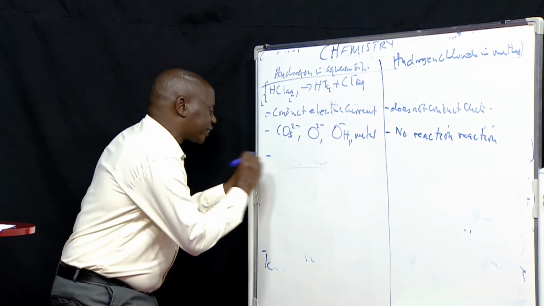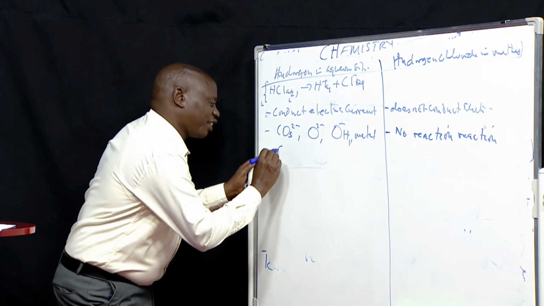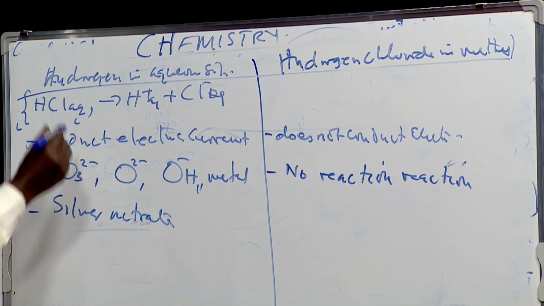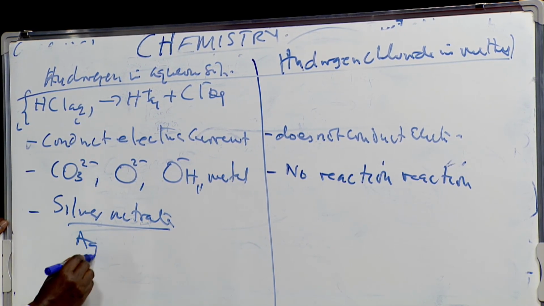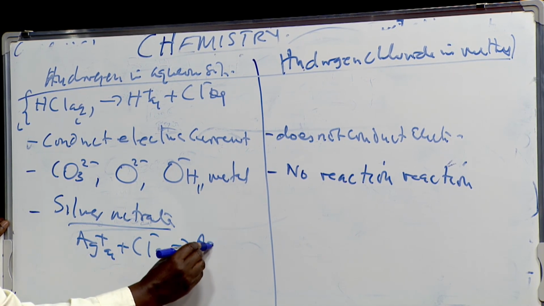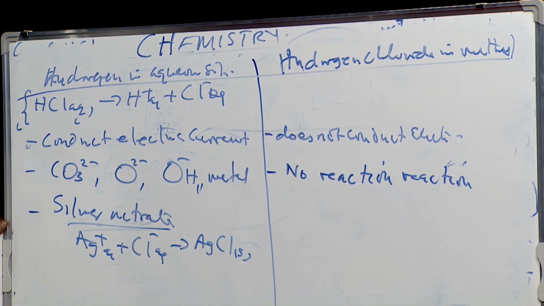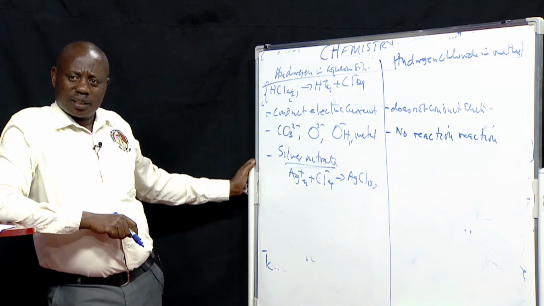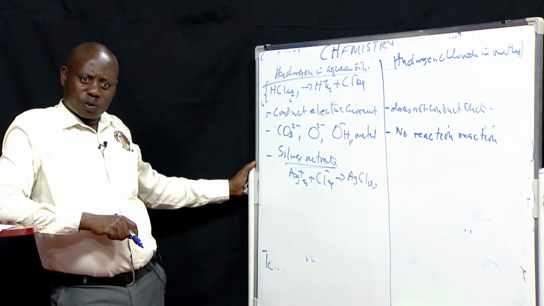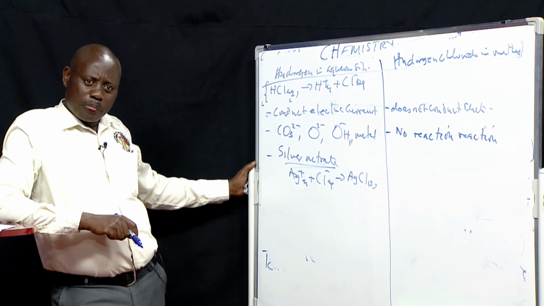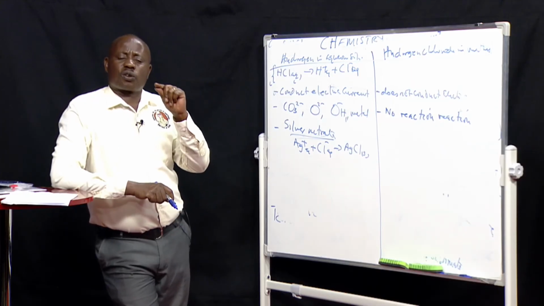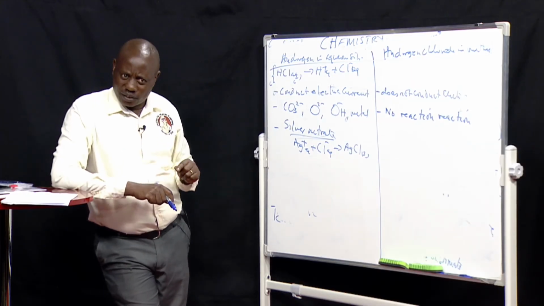If you add silver nitrate here to the aqueous solution, the silver ions react with chloride ions to form silver chloride, which is formed as a white precipitate. And by the way, that is the confirmatory test of hydrogen chloride when using silver nitrate.